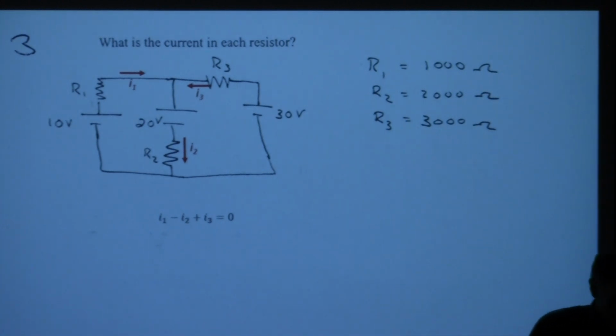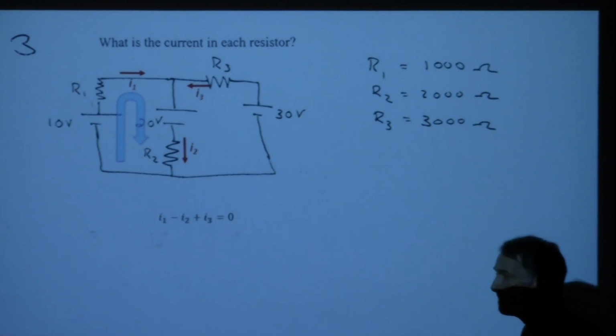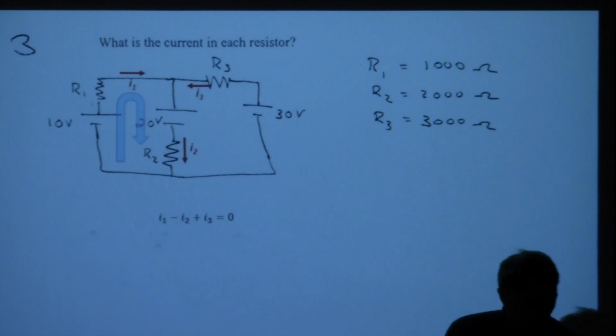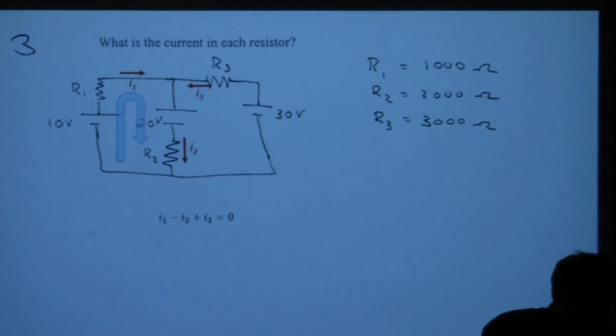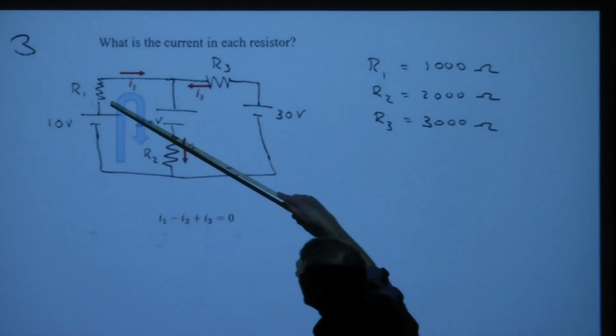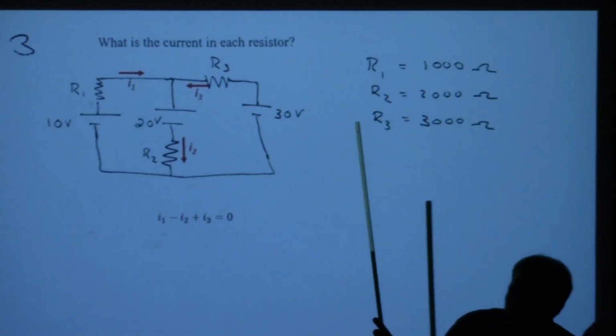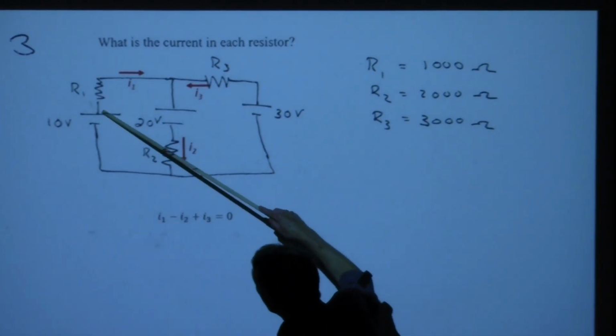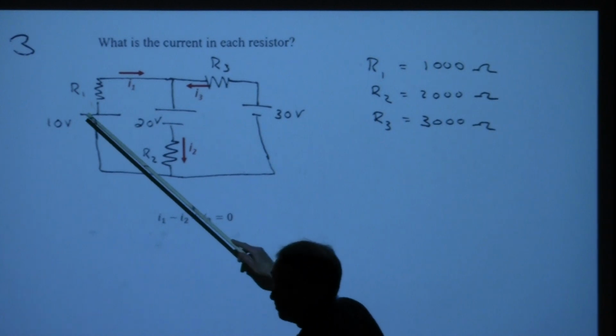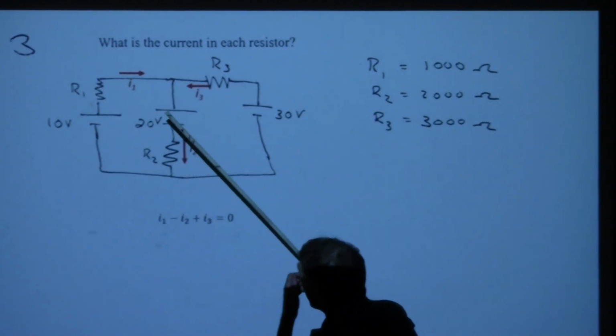Okay, now there's also the junction rule. John? Yeah. Could you explain why the battery doesn't affect the current? The battery generally wants to drive current from the plus side around to the minus side, okay?